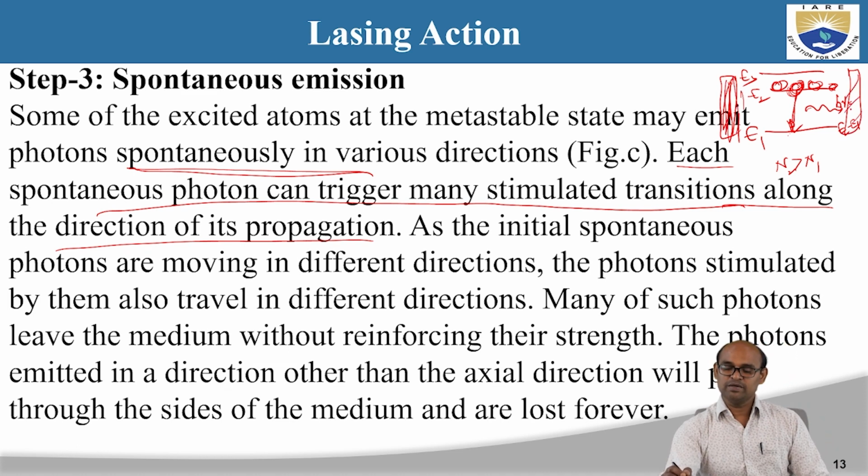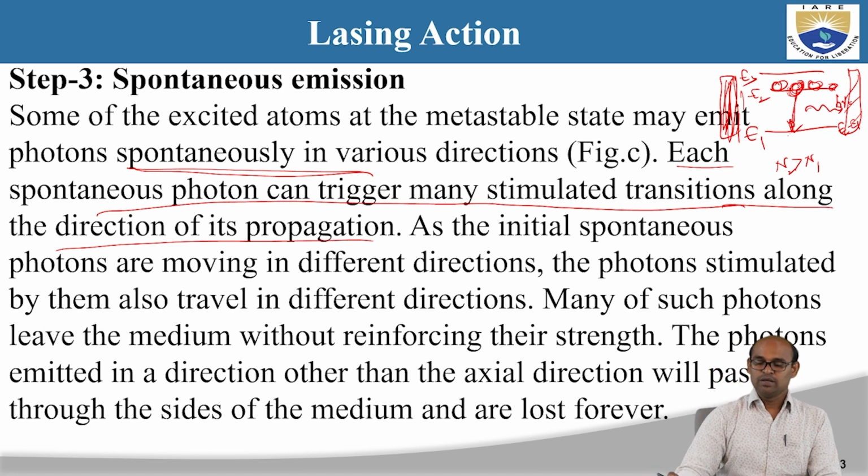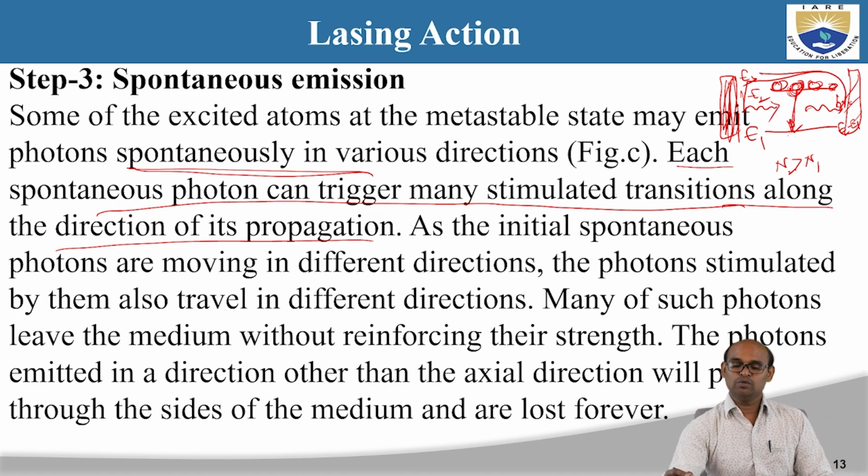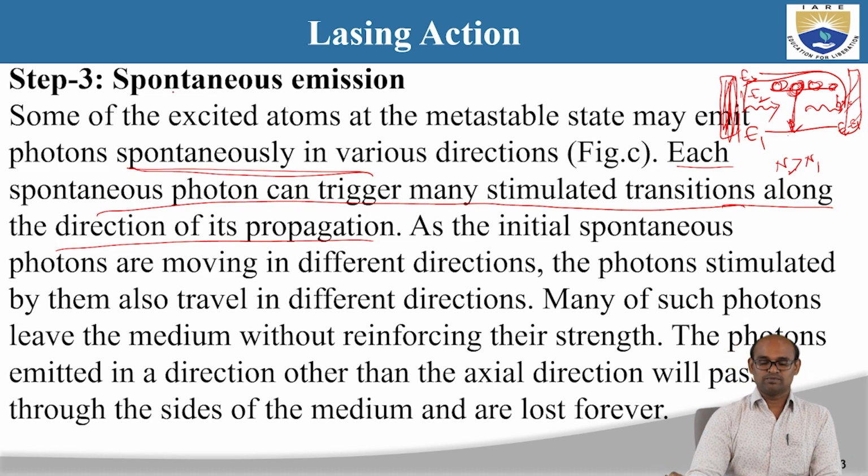Once the photon is emitted, it comes back into the system because of the mirror, and now this photon can trigger stimulated emission. We know that to have stimulated emission, we need to give an initial photon as a trigger. Stimulated emission can occur only when we supply an initial photon, and that initial photon comes from the spontaneous emission of the atoms.